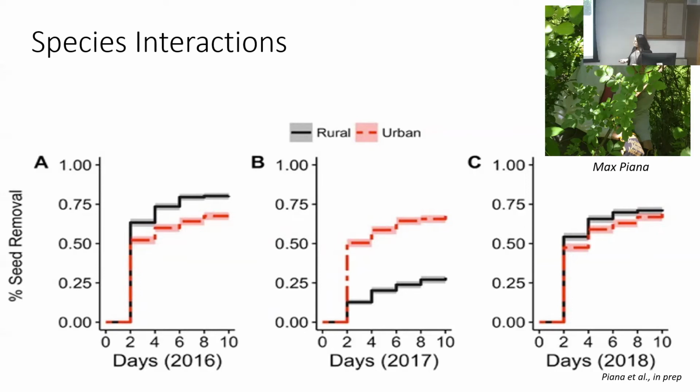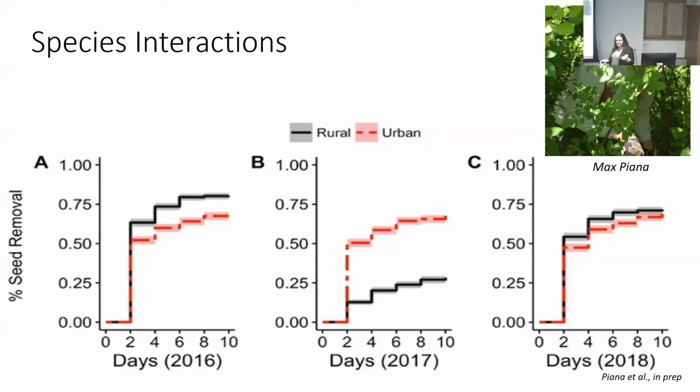And what he found over 3 years was that urban seed removal, really these curves of seed removal over time, really didn't change. They're very similar across time. The red, that's the urban. But the rural seed removal rates really varied. So we're seeing sustained high seed removal rates in urban, and we're seeing this high, low, high removal rates in rural.